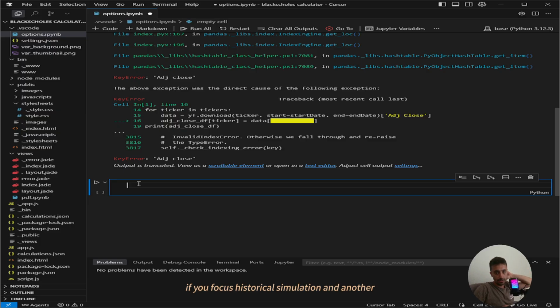If you focus on historical simulation and other statistical approaches, you're going to have log returns. You never do research with normal price or simple price. You always need the log return and scaled data.